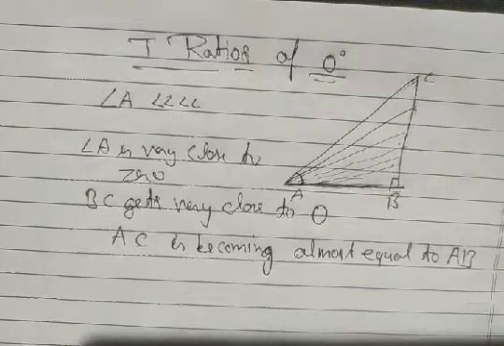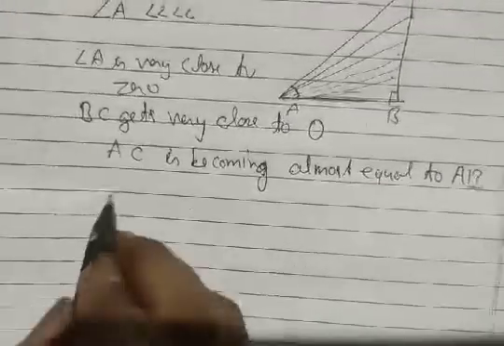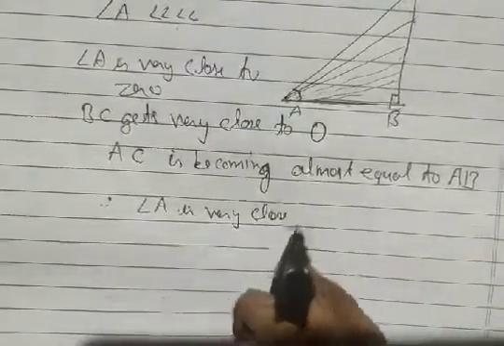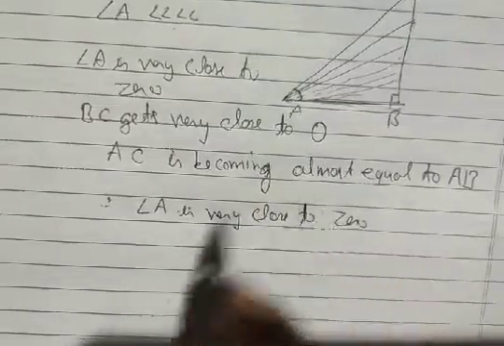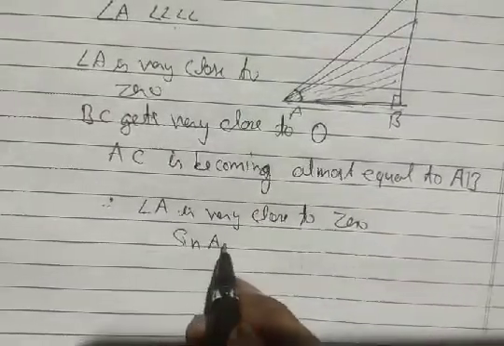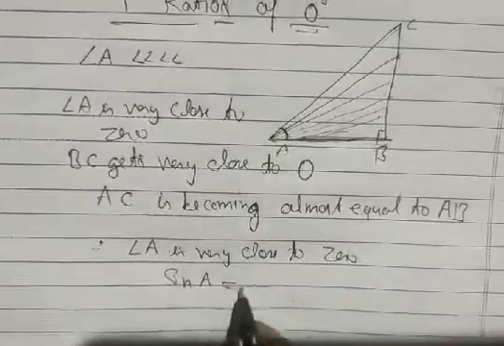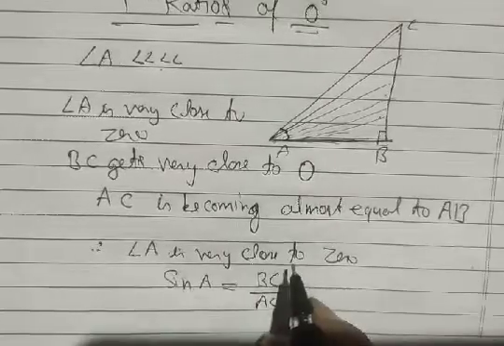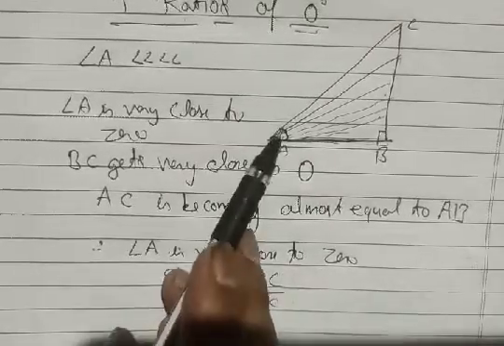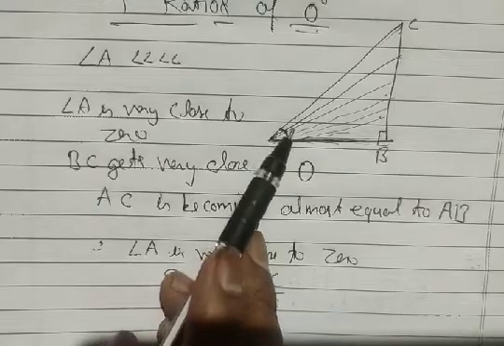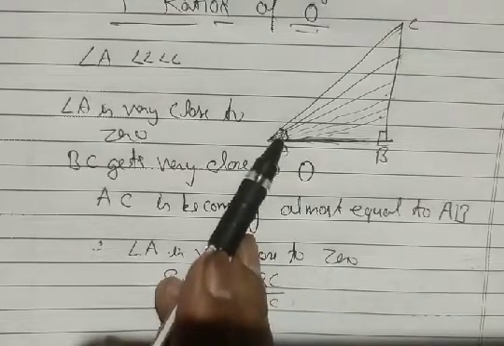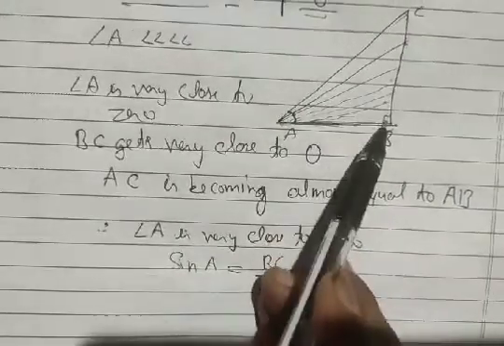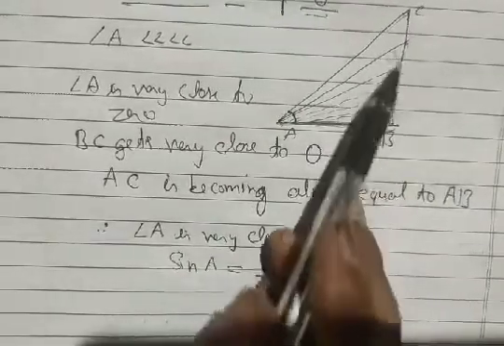Now what do we depict here? When angle A is very close to 0, what is our sin A from this figure? Our sin A is BC upon AC. When we make our angle smaller and smaller, very close to 0, our BC tends to 0, so the perpendicular tends to 0.